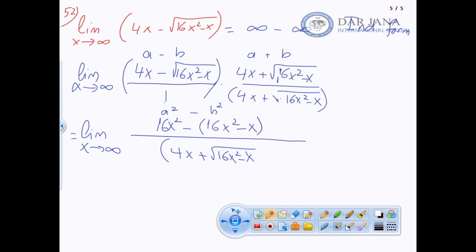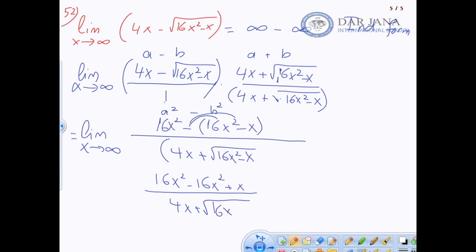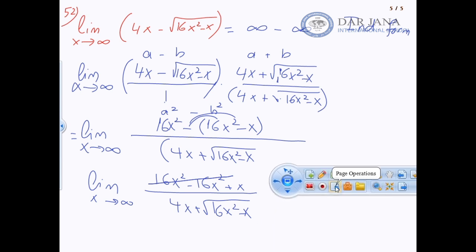Now let's distribute to simplify: 16x squared minus 16x squared plus x, over 4x plus radical 16x squared minus x. Of course, I'm going to write the limit again for every step. 16x squared minus 16x squared, let's cross them.